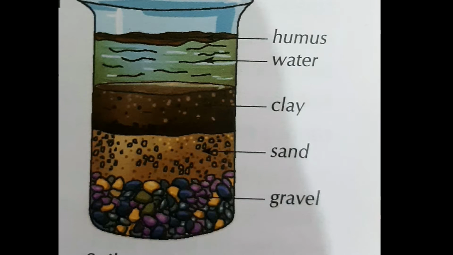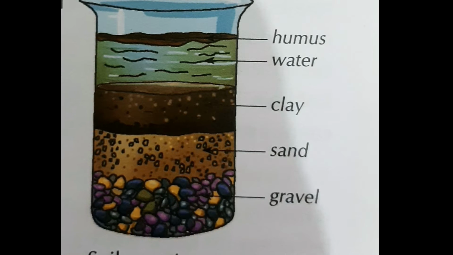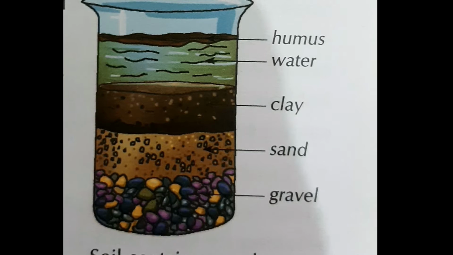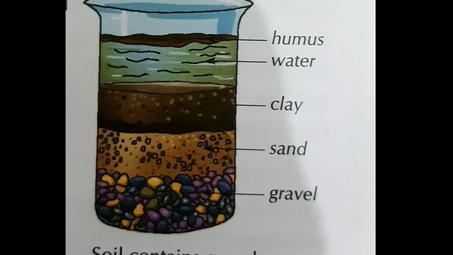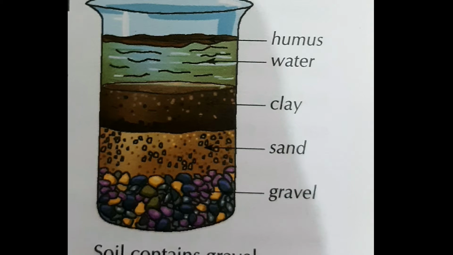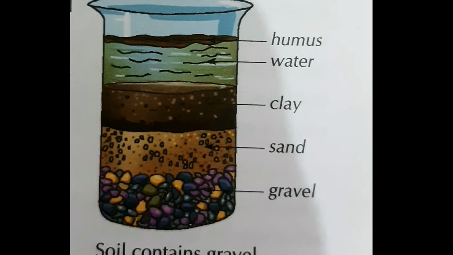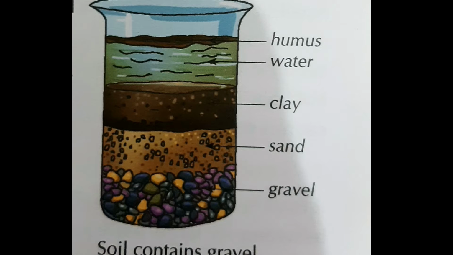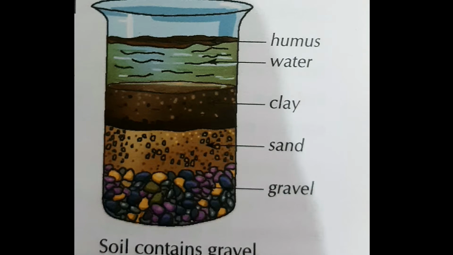Above the sand we find clay. It is fine soil particles, and it forms a light brown color layer above the sand layer, and it is clay.